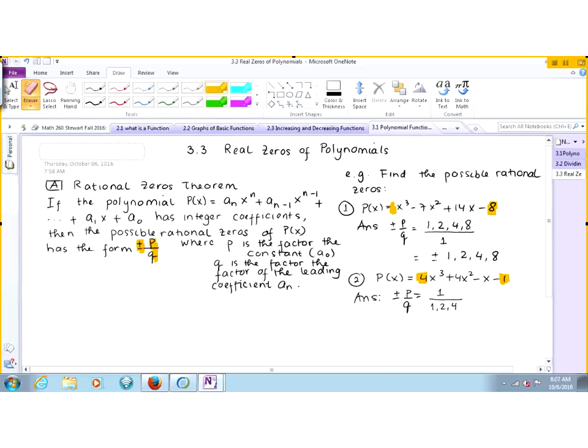Maybe I should write it like this. So I'm going to write down like this. So possible rational zeros or candidates for rational zeros. And then I'm going to list it. So here, possible rational zeros is plus or minus what? 1, what else?